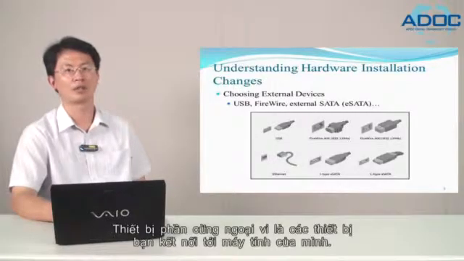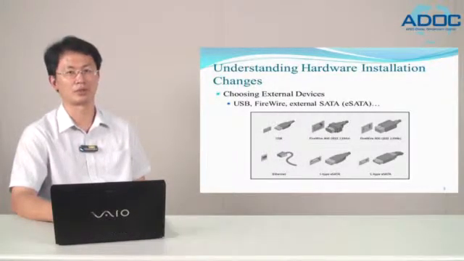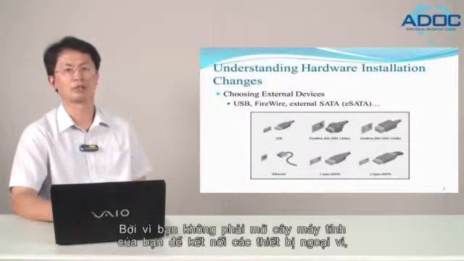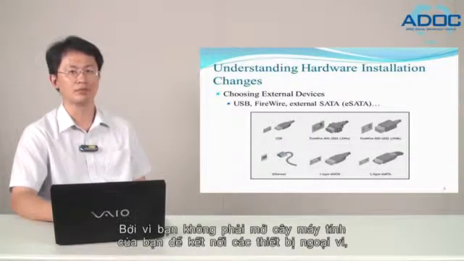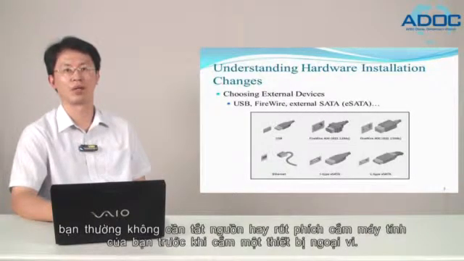External hardware devices are devices you connect to your computer, because you don't have to open your computer's case to connect external devices. You typically don't need to power down or unplug your computer before installing an external device.